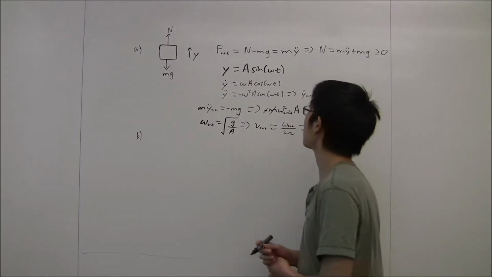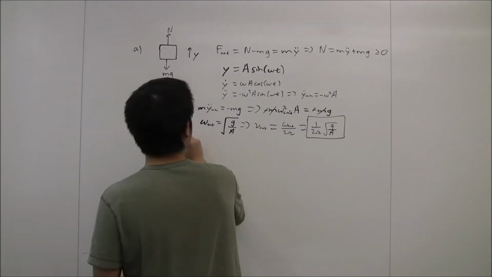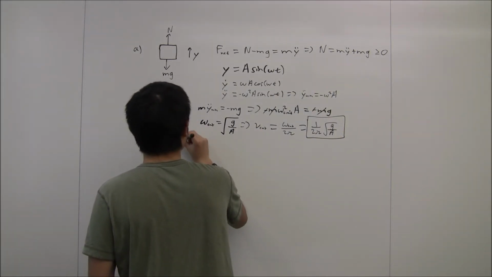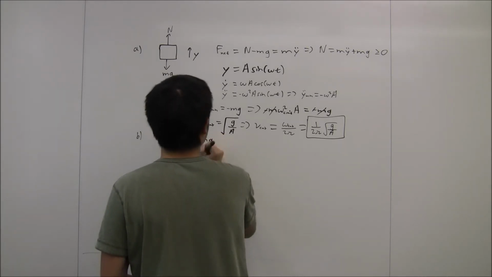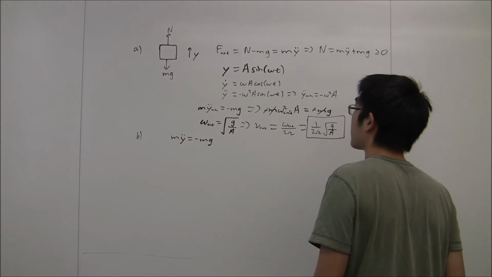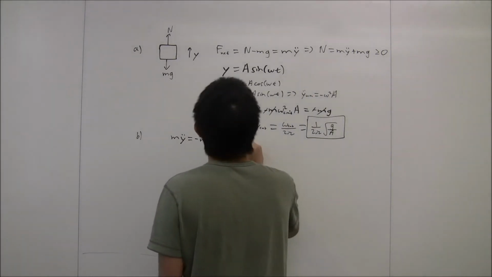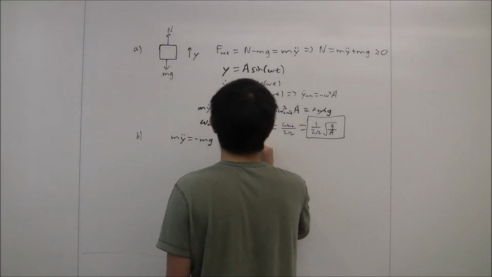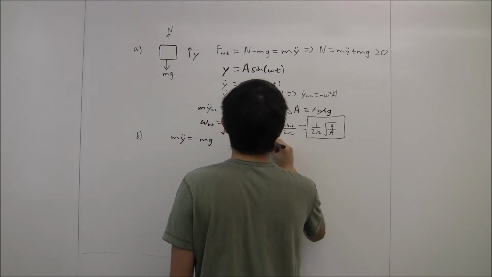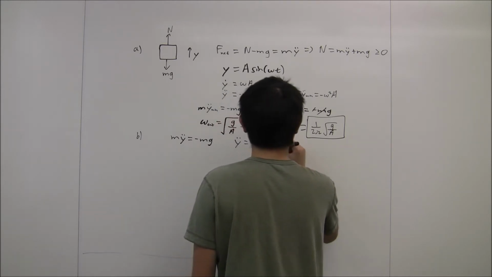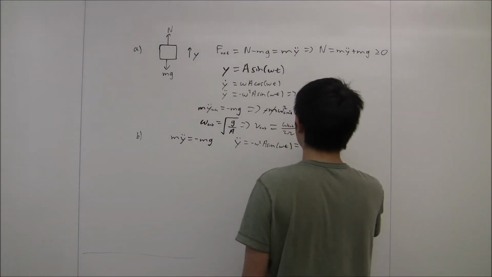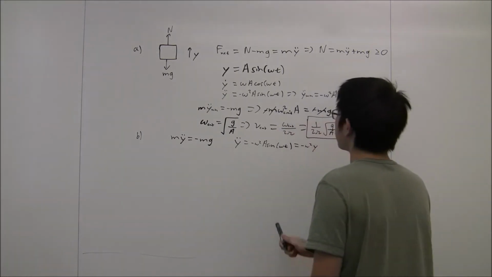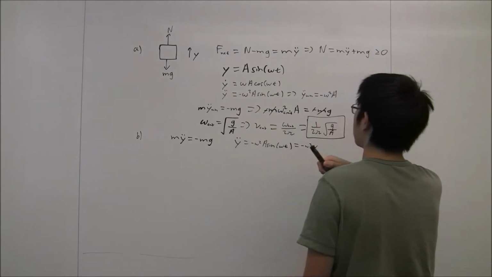So we have to solve for when m y double dot is equal to negative mg. Now notice that y double dot, which is equal to negative omega squared A sine omega t, can also be written as negative omega squared y, since y is just A sine omega t.